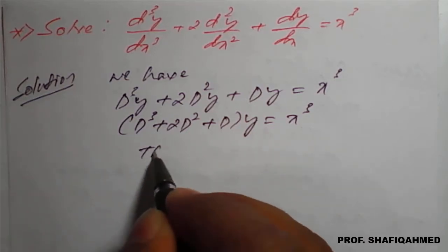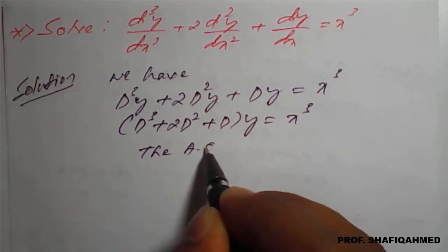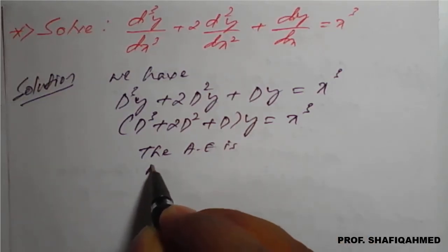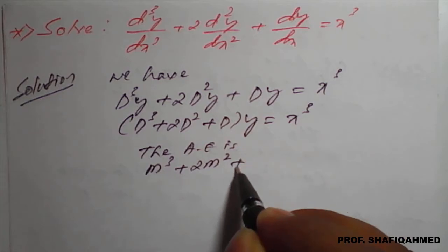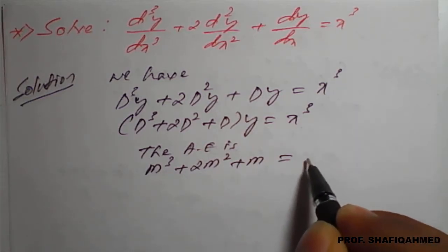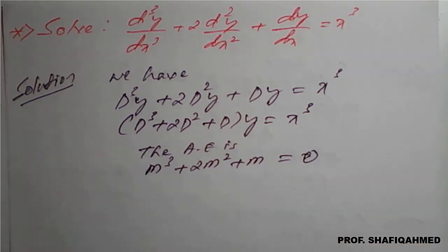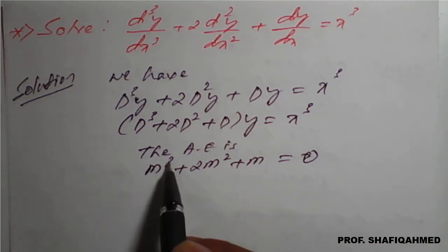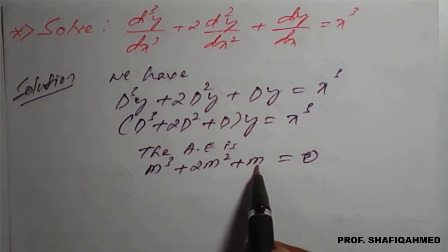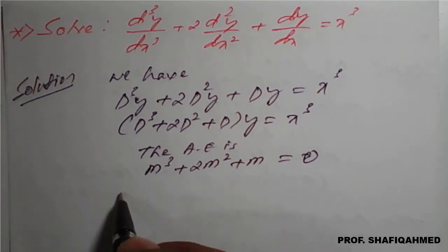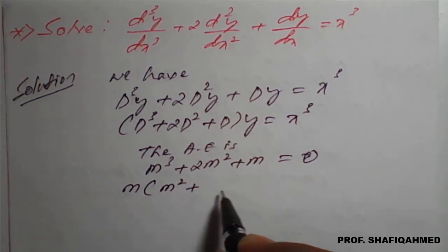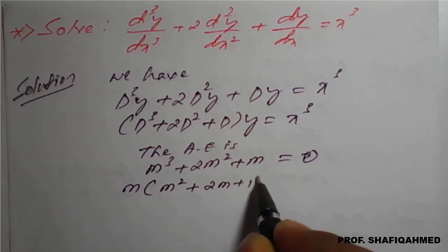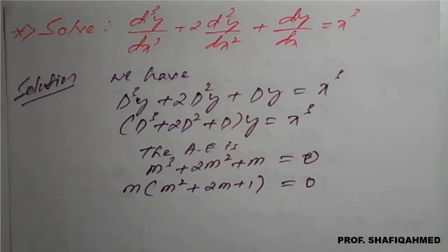Therefore the auxiliary equation is m cube plus 2m square plus m equal to 0. You can observe here, we have m cube plus 2m square plus m, all terms having m, so I will take m common. We are going to be left with m square plus 2m plus 1, which is equal to 0.